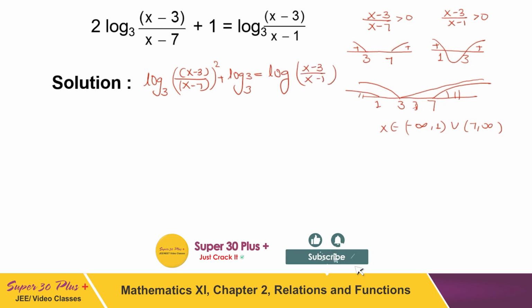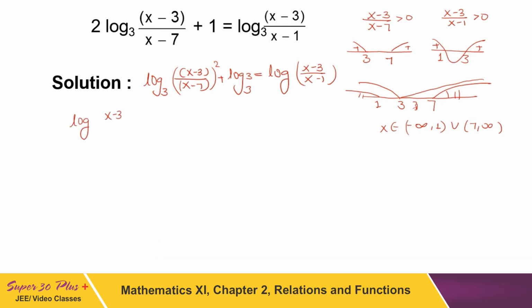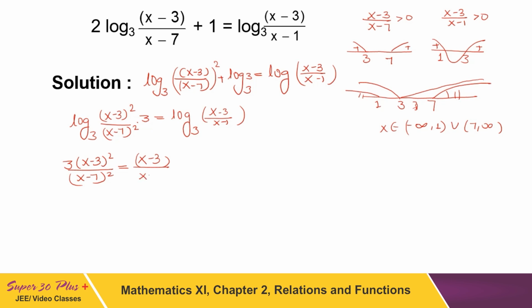Now applying log m plus log n equals log of m into n, it means (x minus 3) square upon (x minus 7) square into 3 is equal to log base 3 of x minus 3 upon x minus 1. Now by taking anti-log, it is 3 times (x minus 3) whole square upon (x minus 7) whole square is equal to x minus 3 upon x minus 1.